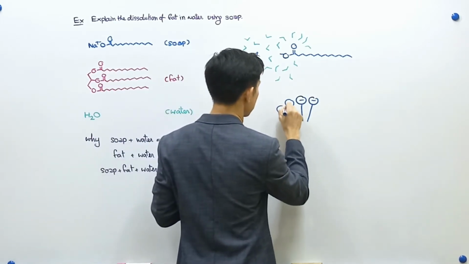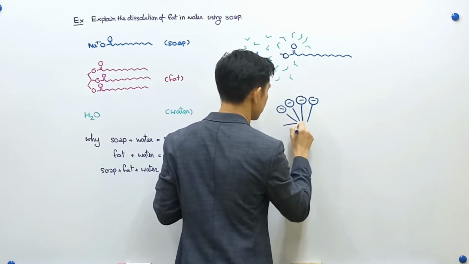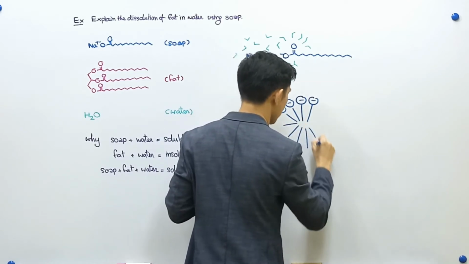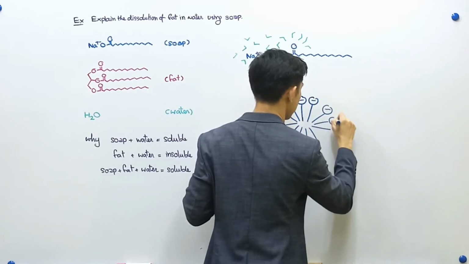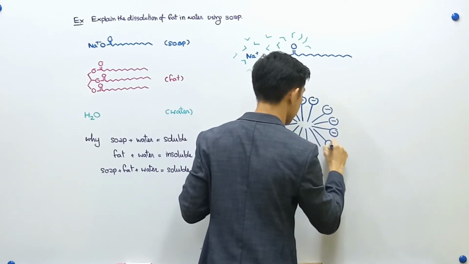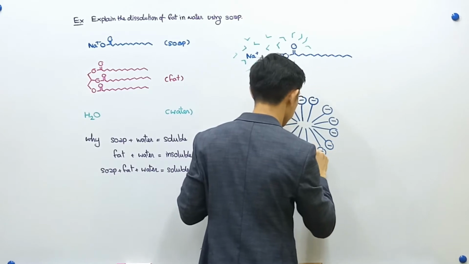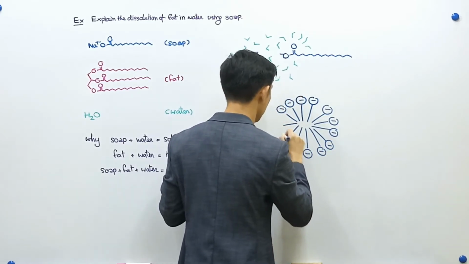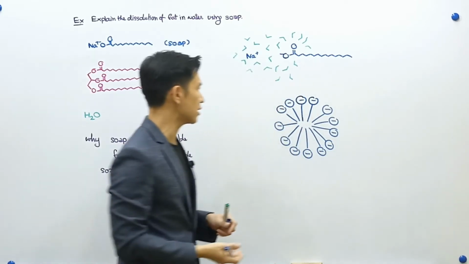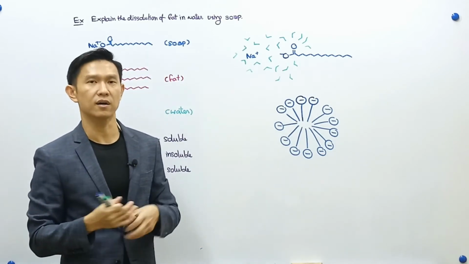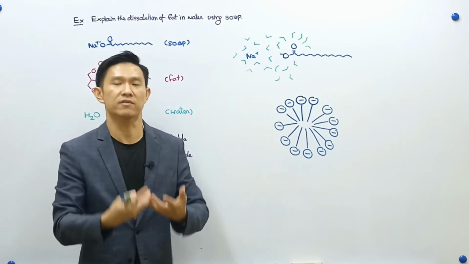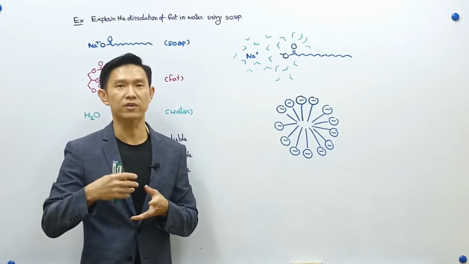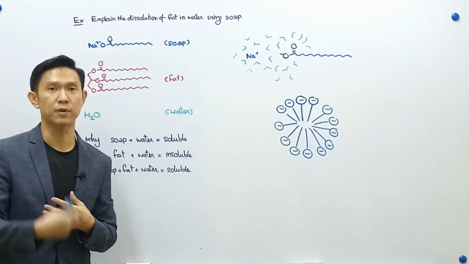Same charge, stay away from each other. This is a structure resulting from such interaction. I normally call this interaction, not intermolecular attractive force, because we have both attraction and repulsion.